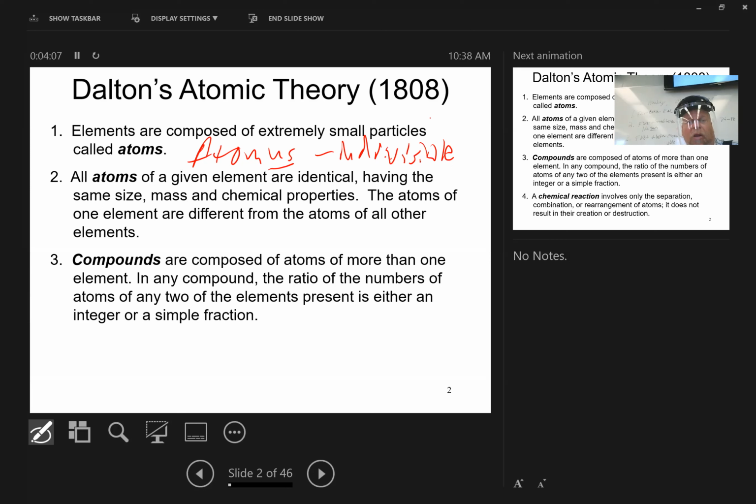The next definition was compounds. Because gold, silver, and other things could be made into compounds by just reacting them, and some other metals could be burned, and other metals would react, like iron would react to make rust, and that's an obvious one. If you've got an iron bowl, eventually it will rust. And so it's converting to things. And so they came up with the natural thing of compounds, where the ratio of the number of elements present is either an integer or a simple fraction.